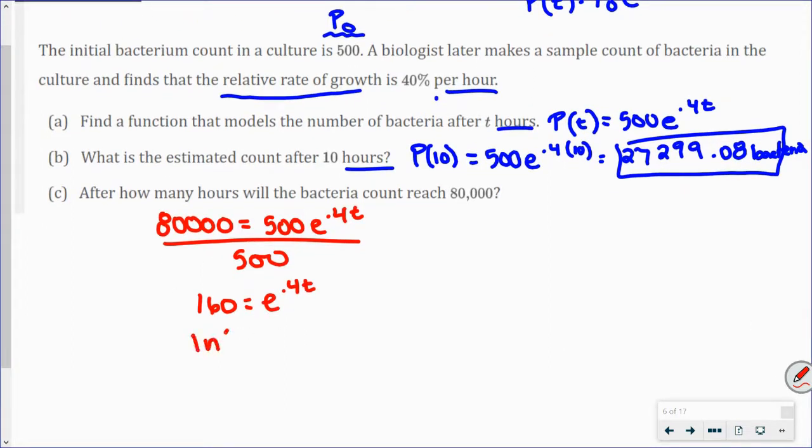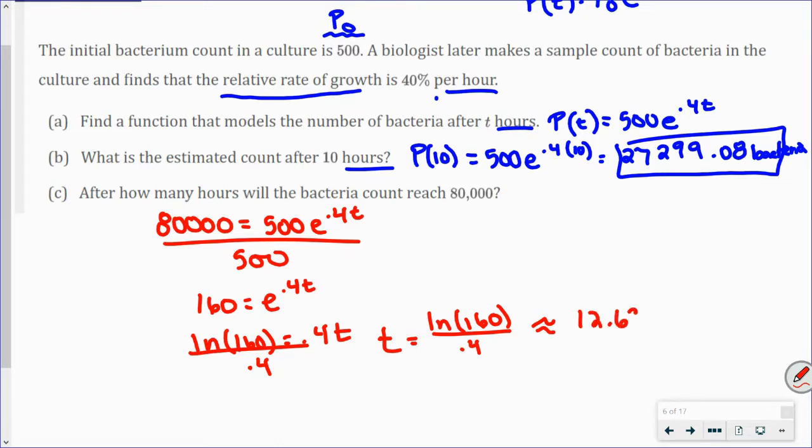So that's ln of 160 equals 0.4 t, and divide both sides by 0.4. So you have t equals ln of 160 over 0.4, which is about 12.69 hours.